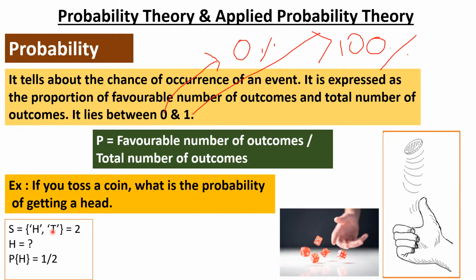From these, getting a head is only 1, right? Because we have only 2 outcomes, one is head and one is tail. So the favorable number of outcomes is 1, and divided by the total number of outcomes 2, the probability of head is 50%.